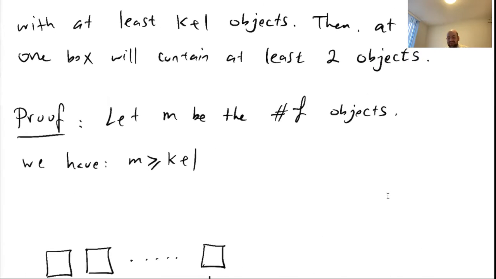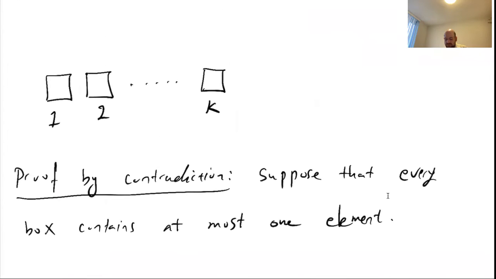I want to show that at least one box contains at least 2 elements. So if this is not true, then that means every box that I consider has at most 1 element, because even if one box has 2 elements, then I get what I need. So the only way that I won't get what I need is if every one of these k boxes has at most 1 element.